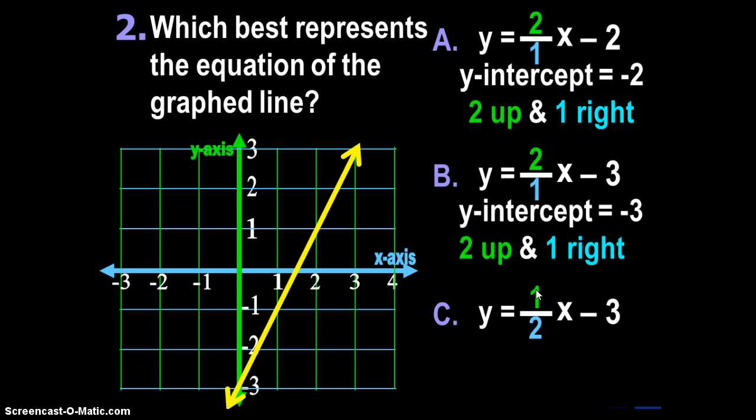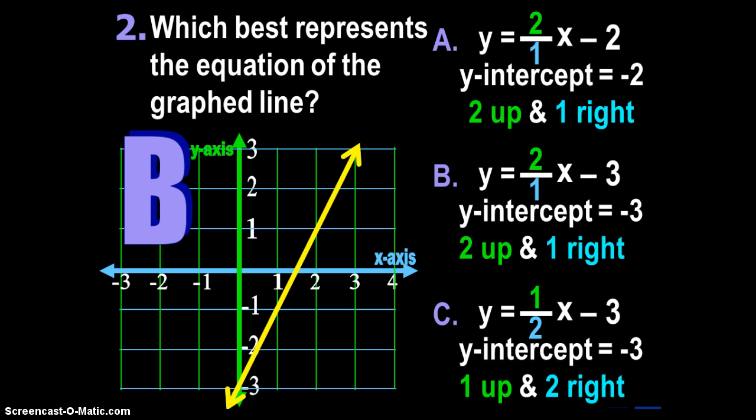The line goes 1 up, 2 to the right. No, so it goes 2 up. I told you that our answer is B because the y-intercept is -3 and the line goes 1, 2 up, 1 to the right. Got it?